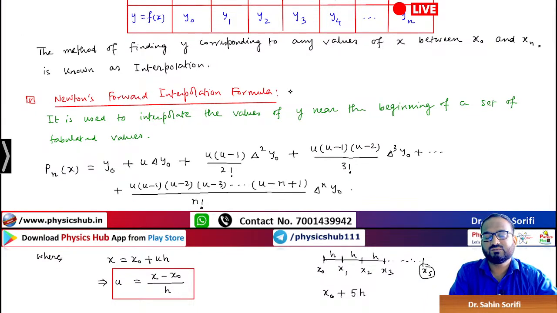Here you can write within brackets that the intervals between the x values are equal.